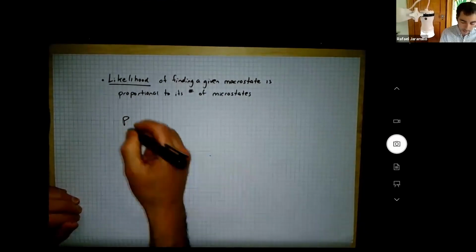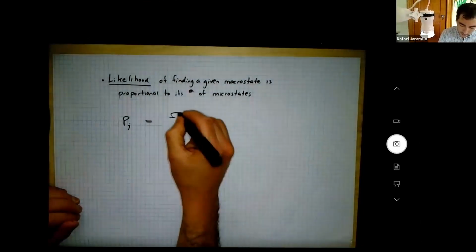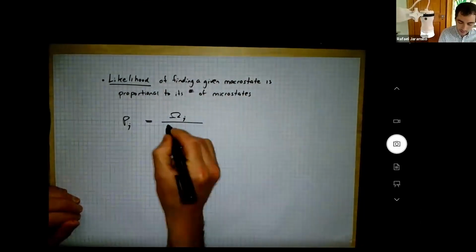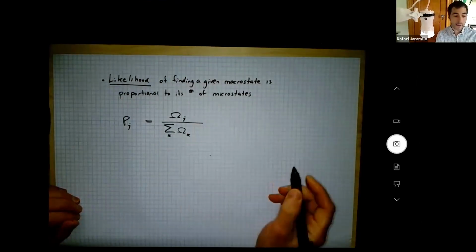The probability of finding macrostate J is equal to the microstate number for macrostate J divided by the microstate number summed over all macrostates.